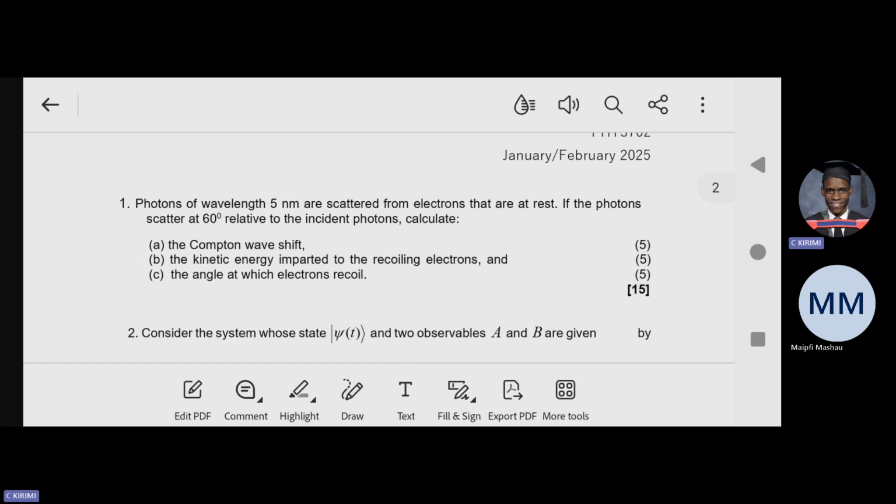All right. Number one. Is it clear there? Yeah, it's visible. Yes.